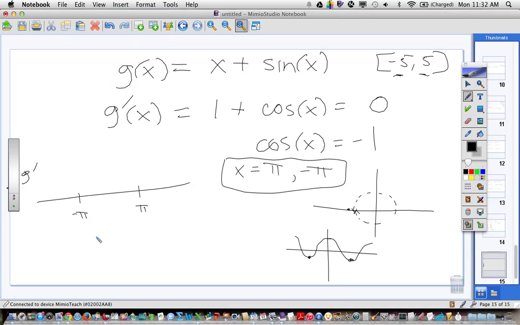Think about it. You gotta pick numbers that you can plug into your derivative. Here's your derivative right here. 1 plus cosine, right? So you don't want to plug a 4 into there without a calculator. You want to plug a pi kind of number so you can get what it is. All right. So I'll let you finish that. So 10 through 13 is kind of about that kind of stuff.